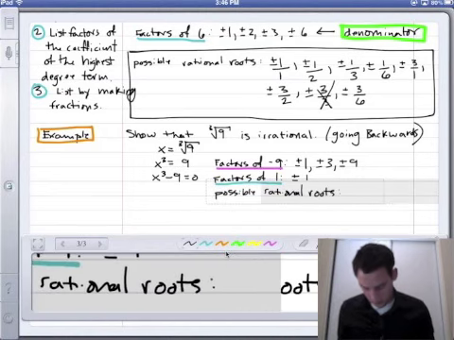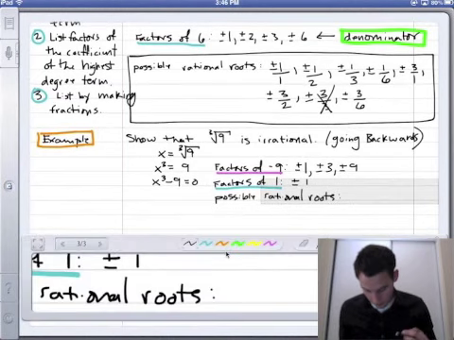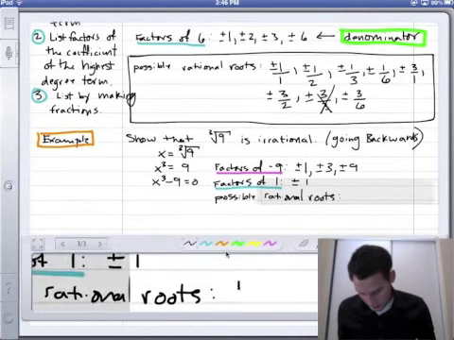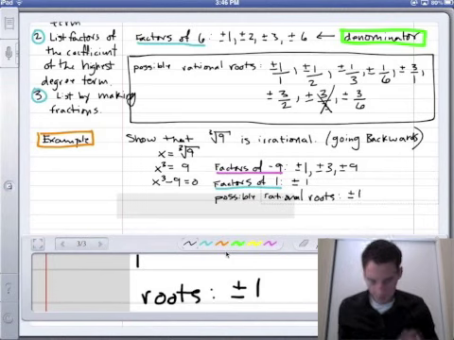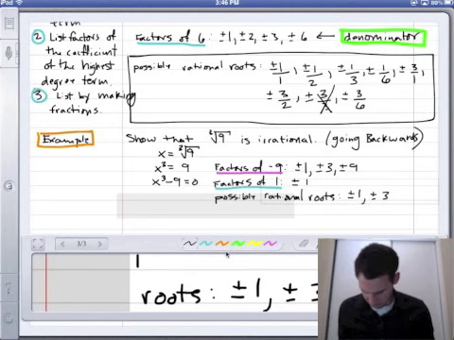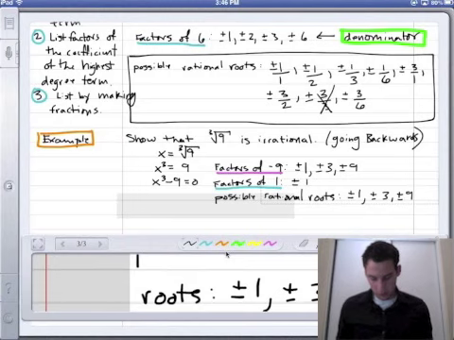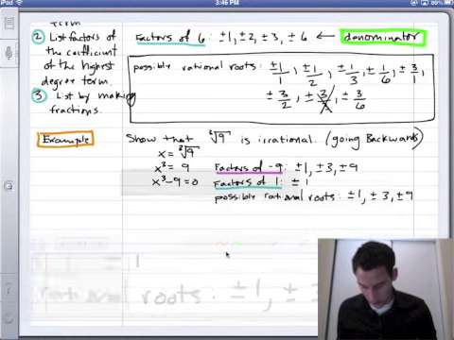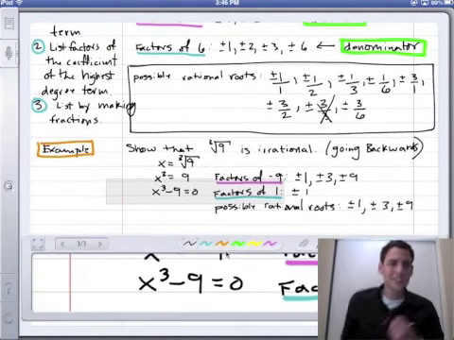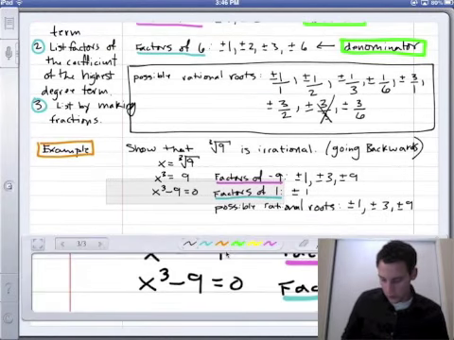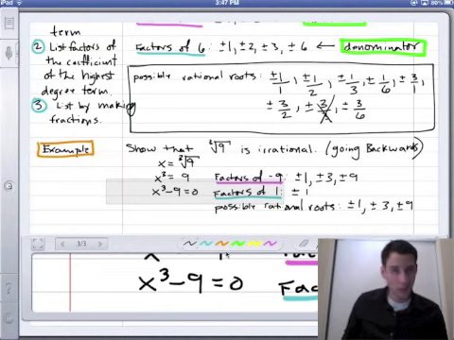Those are plus or minus 1 over 1, same thing. Plus or minus 3 over 1, which is 3. Plus or minus 9 over 1. You can try and check these. They won't work out. 1 cubed is 1, minus 9 is negative 8.